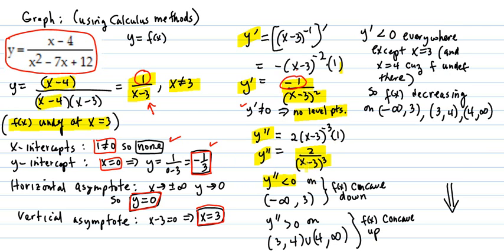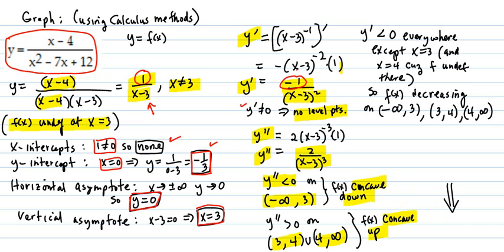If you're to the left of 3, the negative number cubed will be negative, so you'll be negative on negative infinity to 3, and you'll be positive after 3, except at 3, of course, where the entire function is undefined, so is y double prime. So from negative infinity to 3, the function is concave down. After 3, the function is concave up.